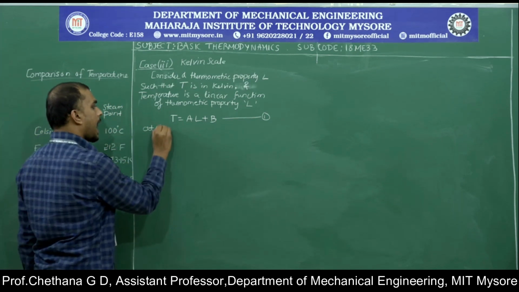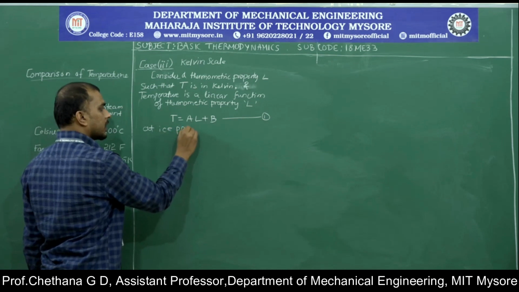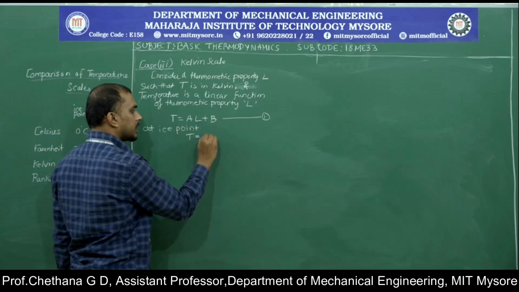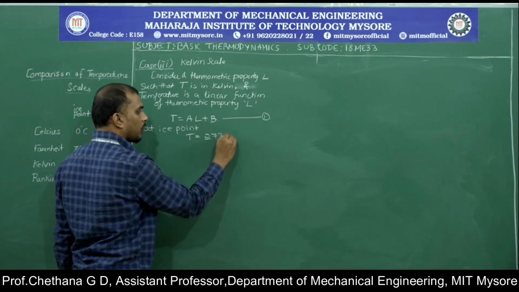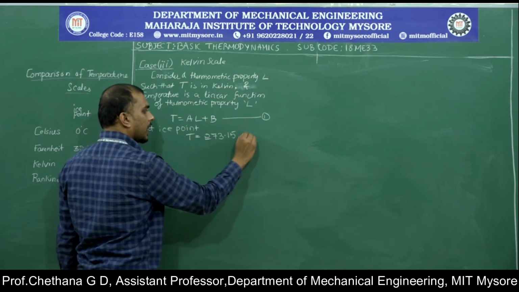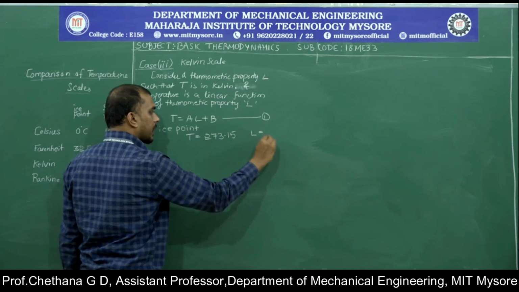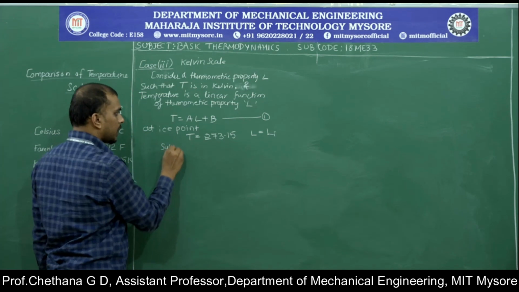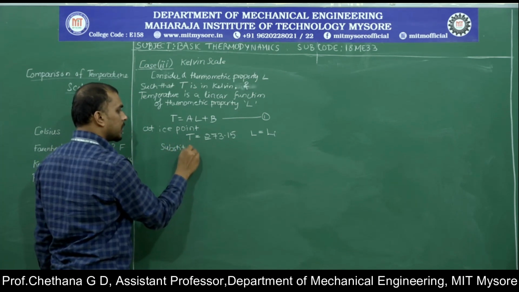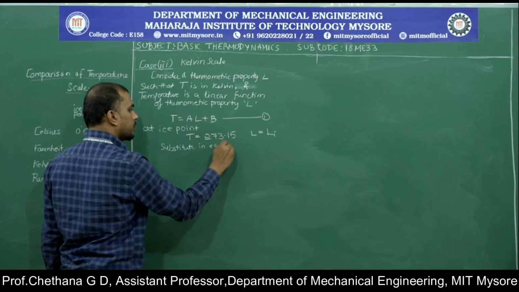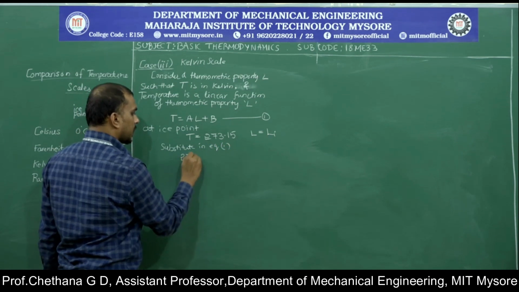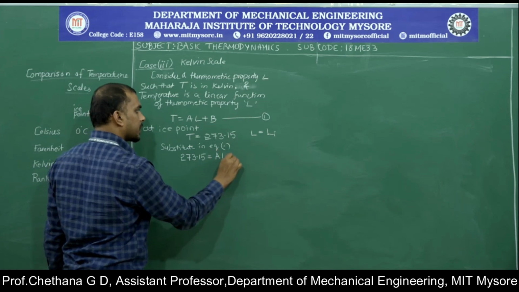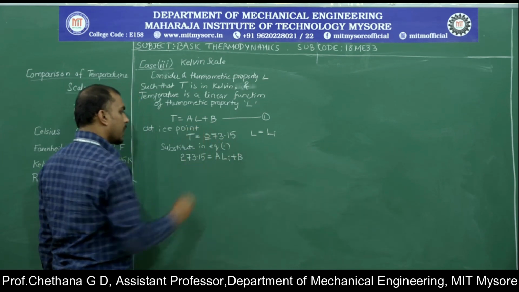One is at ice point, temperature in Kelvin scale is 273.15 and we are denoting length at ice point as Li. So substitute in equation 1, 273.15 is equal to A Li plus B.